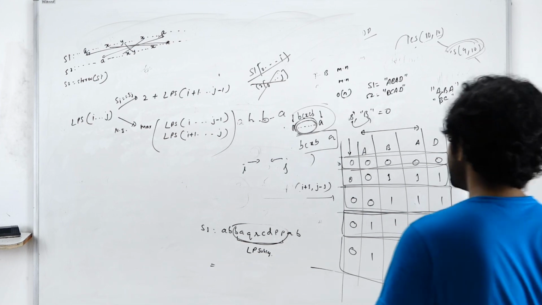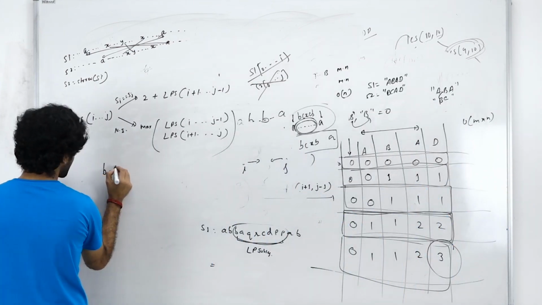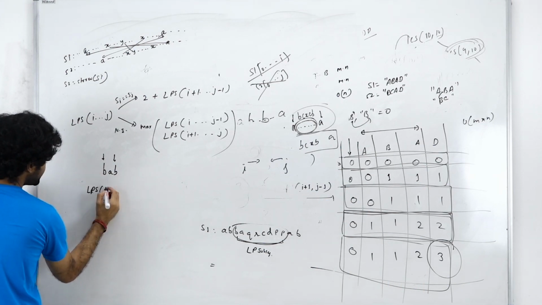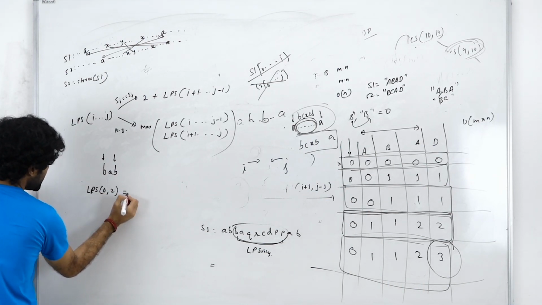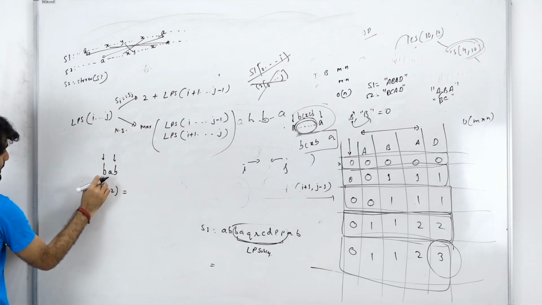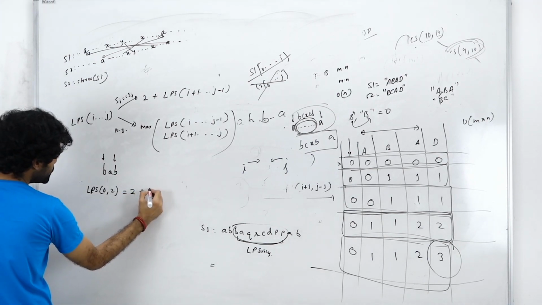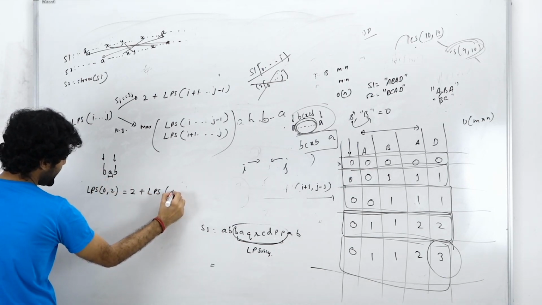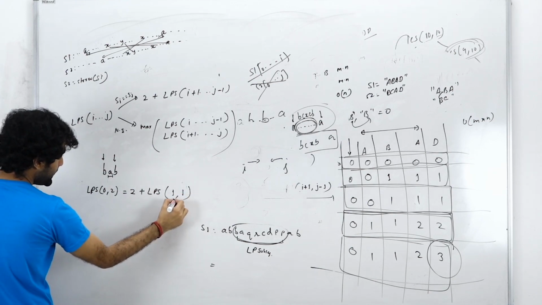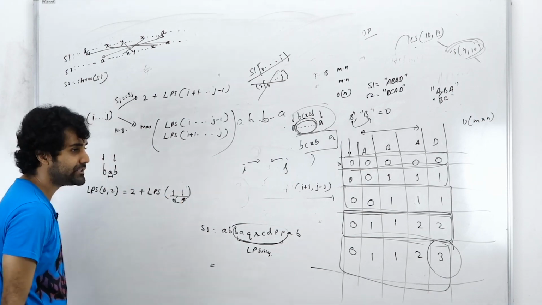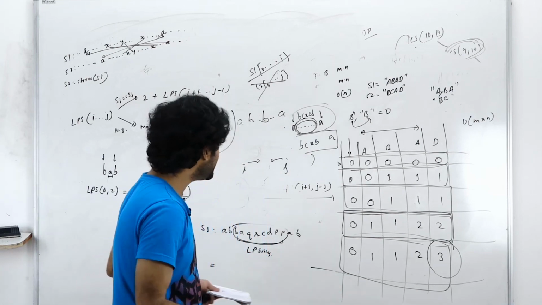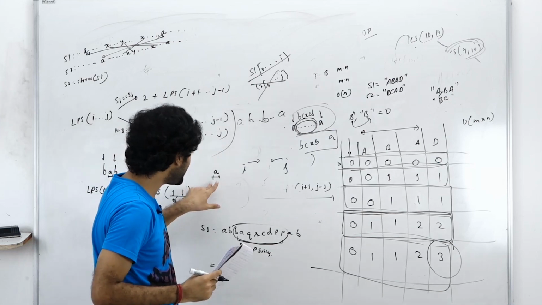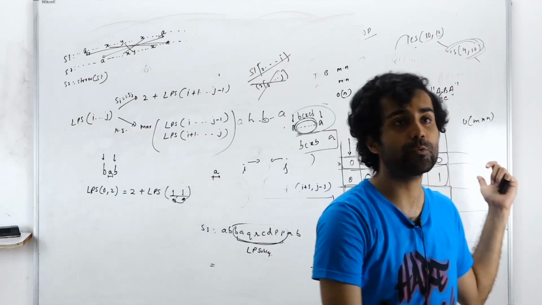So let's take an example. If you have something like BAB and you are trying to find LPS from index 0 to 2, what would be the expression for this? You found that there is a match, so your answer is 2 plus LPS from 1 to 1. So if both the indices are the same, you are considering a substring of length 1 and trying to find the longest palindromic subsequence in it.